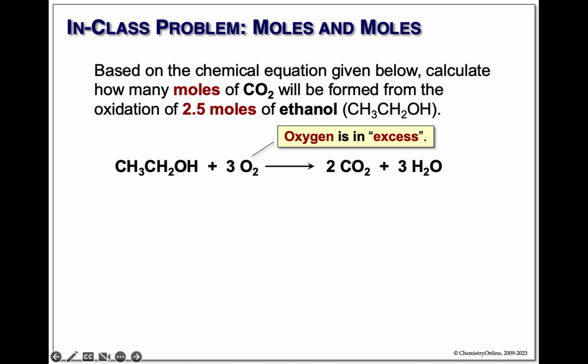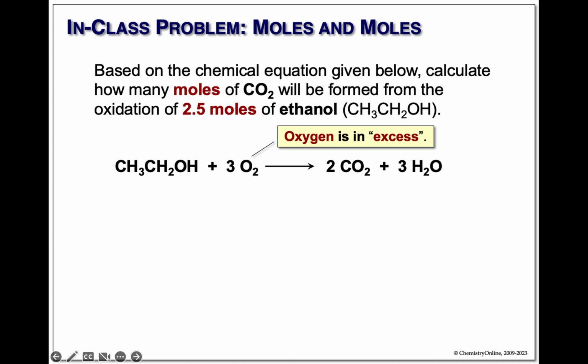Oxygens: 1, 2, 3, 4, 5, 6, 7 on the left, 3 and 4, 7 oxygens. So yes, we're balanced. We're doing this reaction in the presence of excess oxygen, so it's burning in the room. And we're interested in the relationship between CO2 and ethanol.